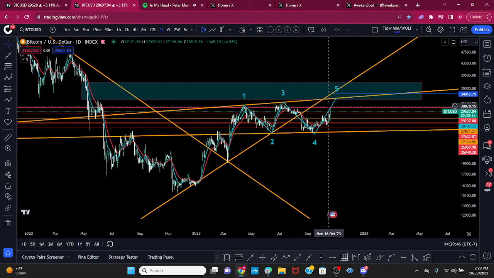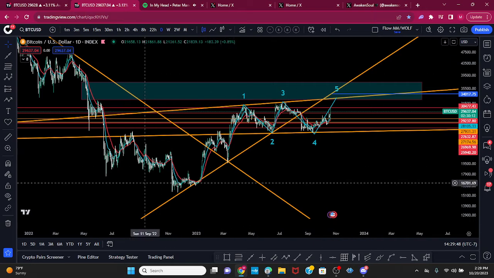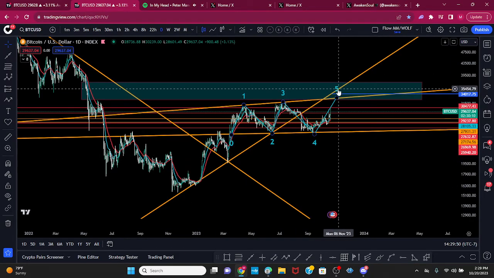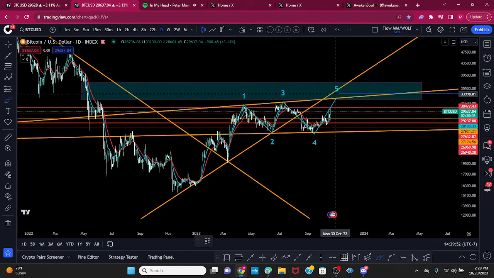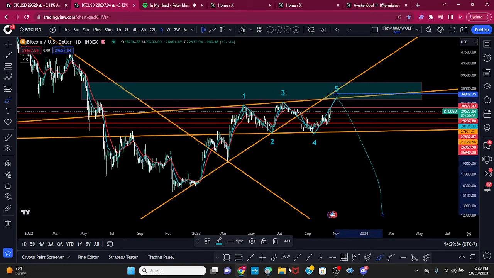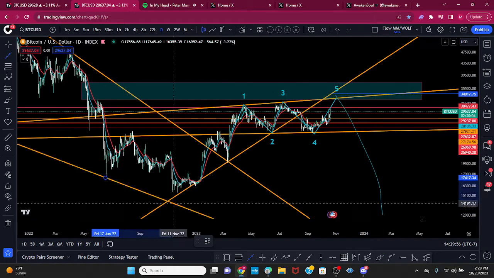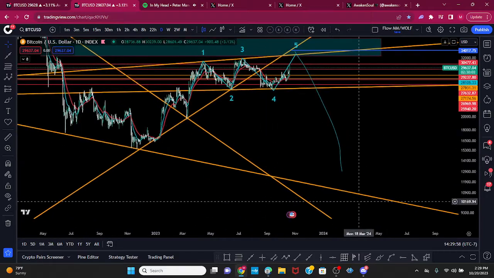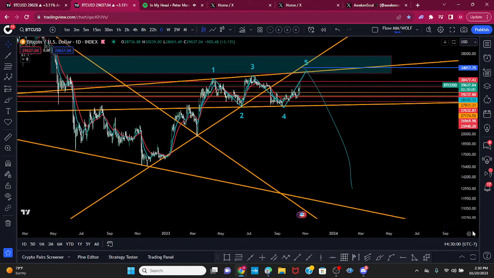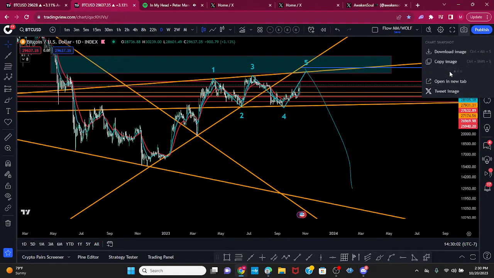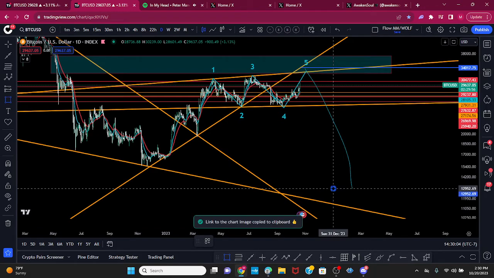And yeah, it's gonna be the retest of my rising wedge to the downside, and I do still see 12K coming, and I am gonna say it over and over again that 12K is so possible. So understand that, guys.